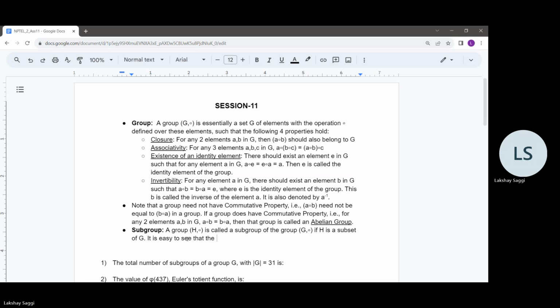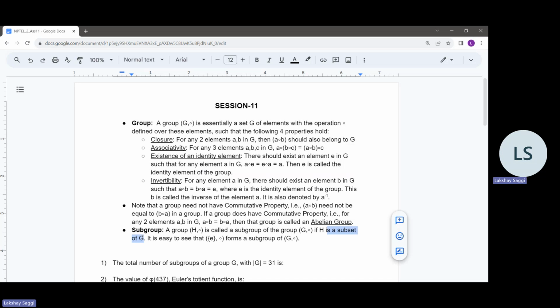So it is easy to see that this pair, E,∘, forms a subgroup of G,∘. Note that H is a subset of G, so the elements of H should be present in G also.